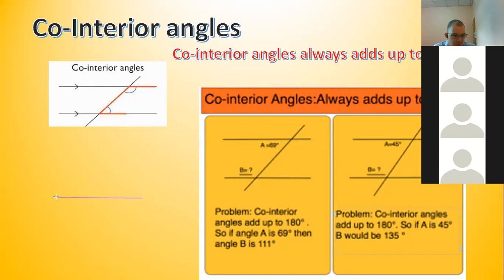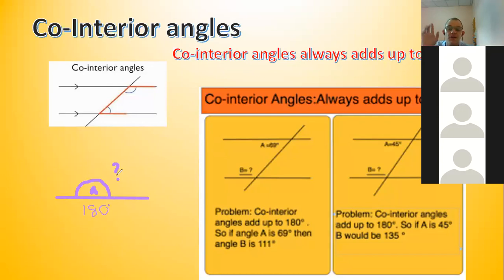How many degrees for the angle on the straight line? Who can tell me? How much is this angle? Angle A. Who can tell me? 180 degrees. A straight line always is 180 degrees.